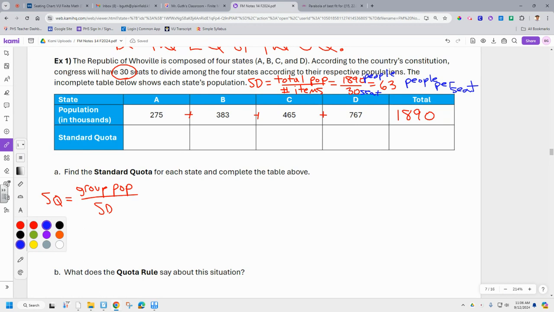To find the standard quotient, you divide the group population by that standard divisor. So the first one, 275 divided by 63 is about 4.37. I'd round off to 2 decimals, probably good enough.